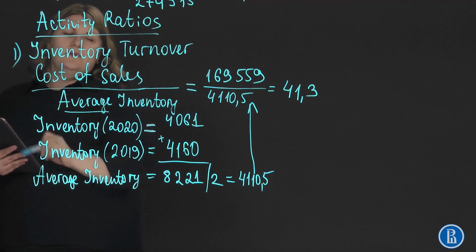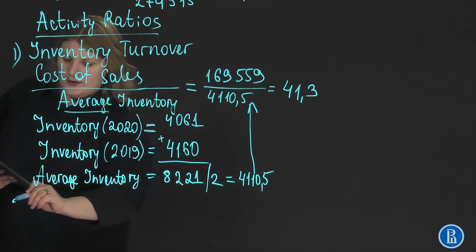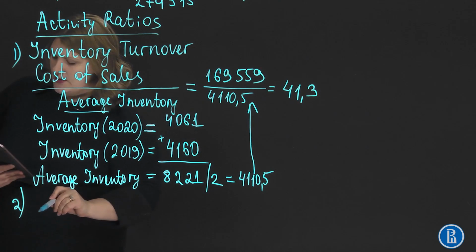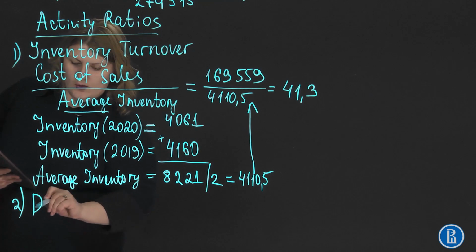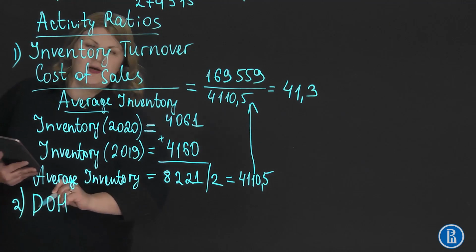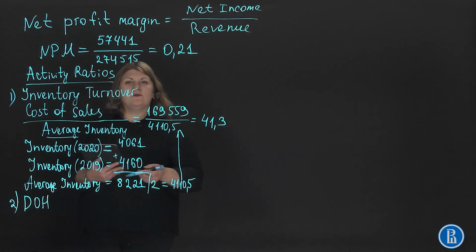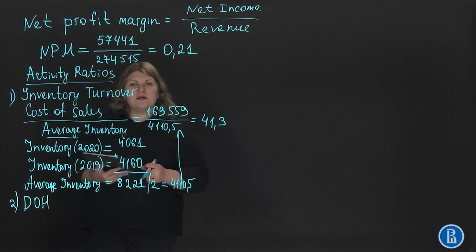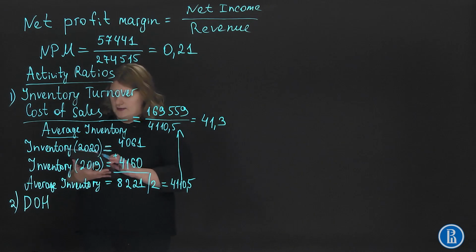When we have found the inventory turnover, we can now move to the days of inventory on hand, or DOH. Days of inventory on hand will show us for how long company holds its inventory, its goods on hand.